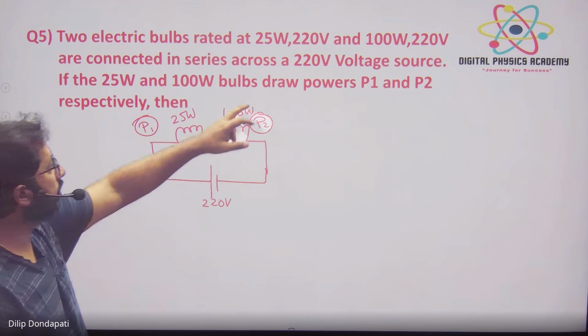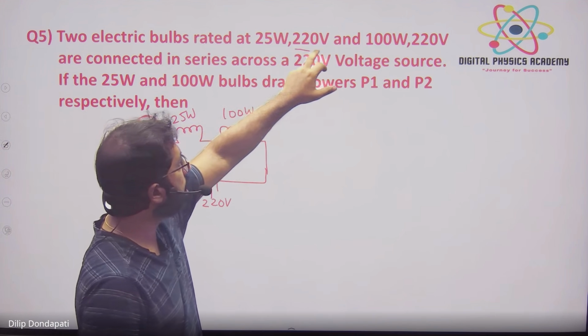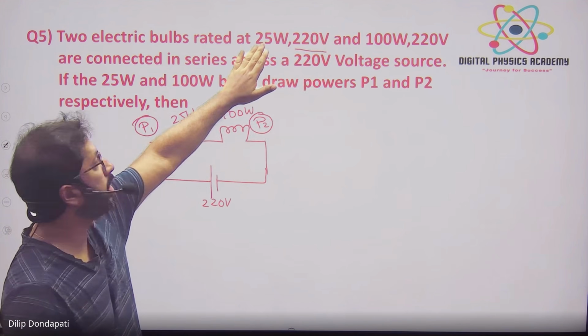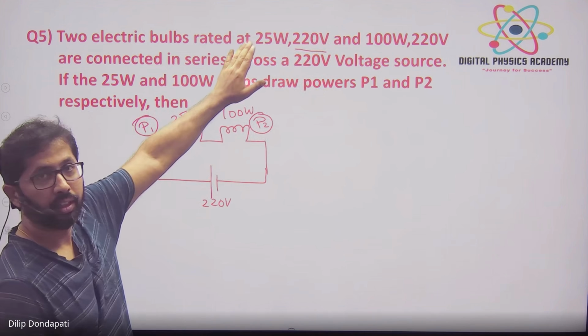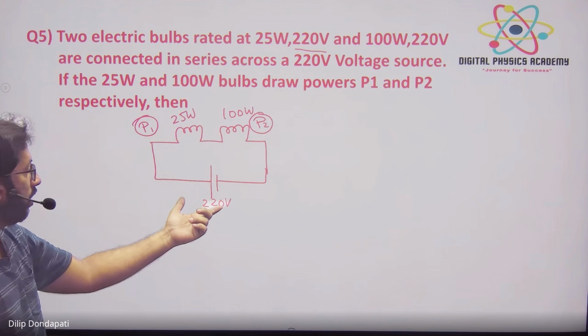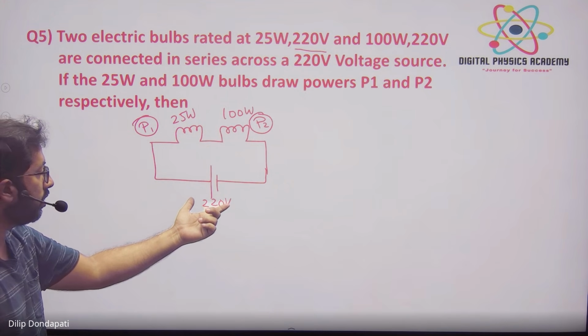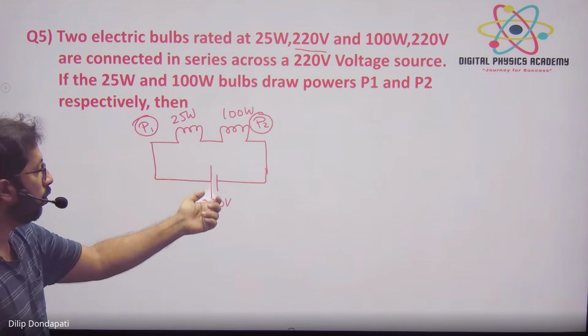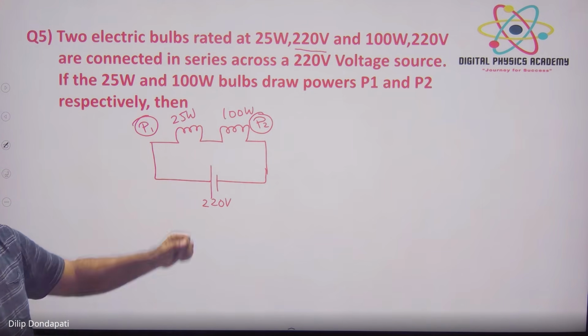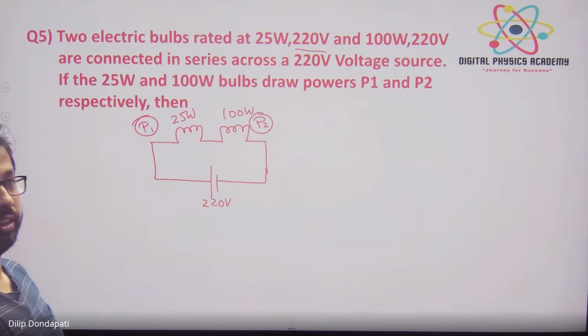What is the meaning of this? At 220 volts only, it will dissipate 25 watts. But look here, the 220 volts is in series, right? So this voltage will not appear here and here. So definitely it will change. Okay, try.